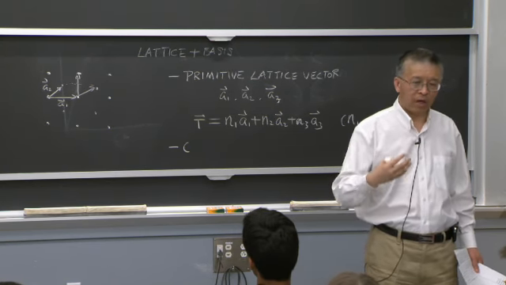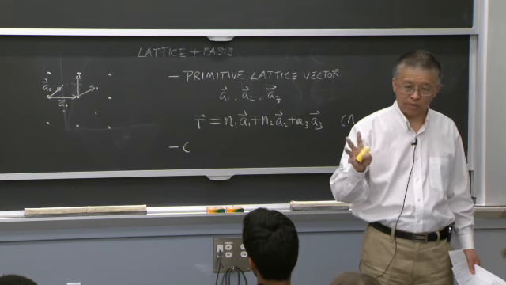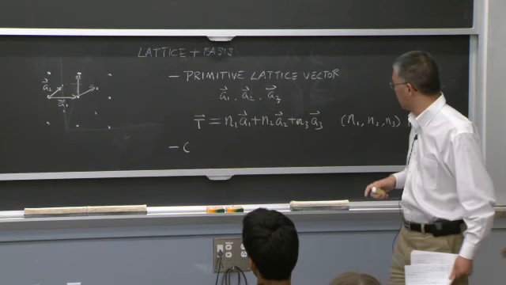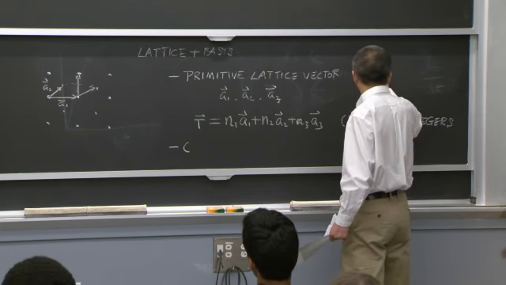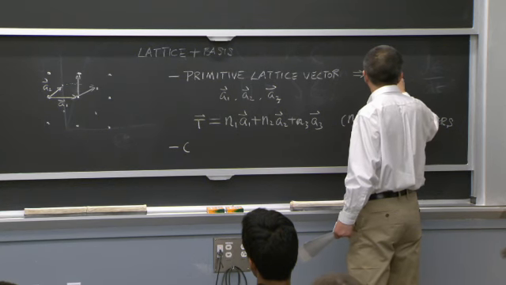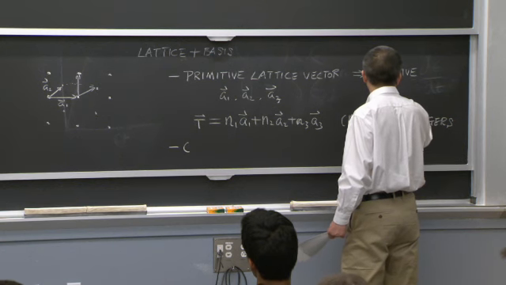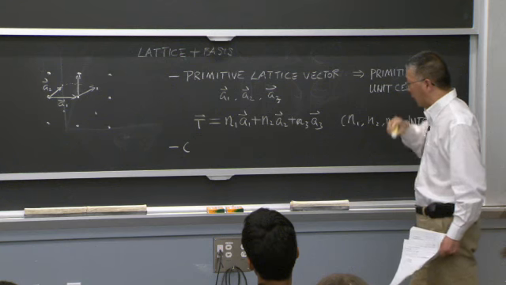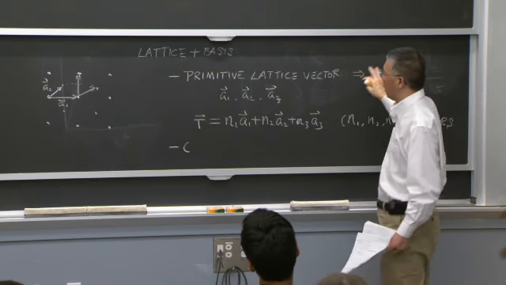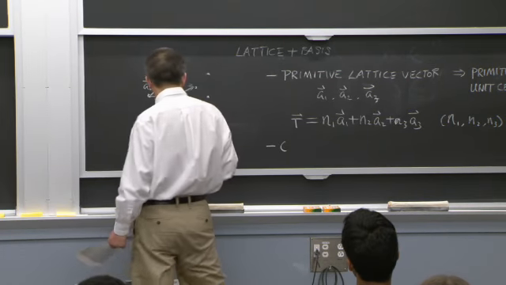Similarly, in 3D, the primitive vectors form a volume. That's a primitive unit cell.